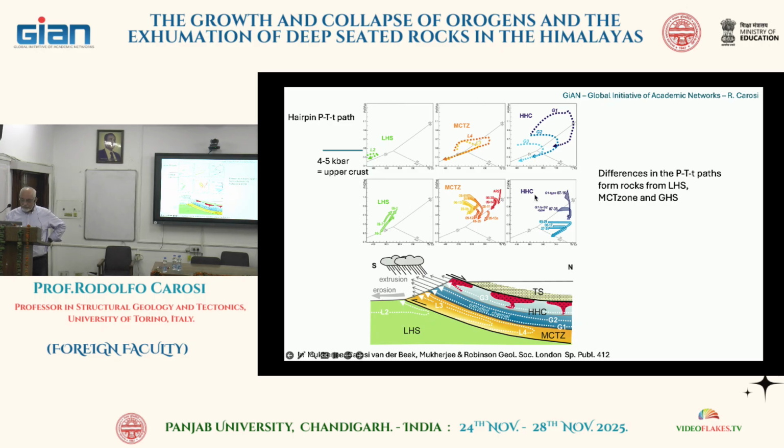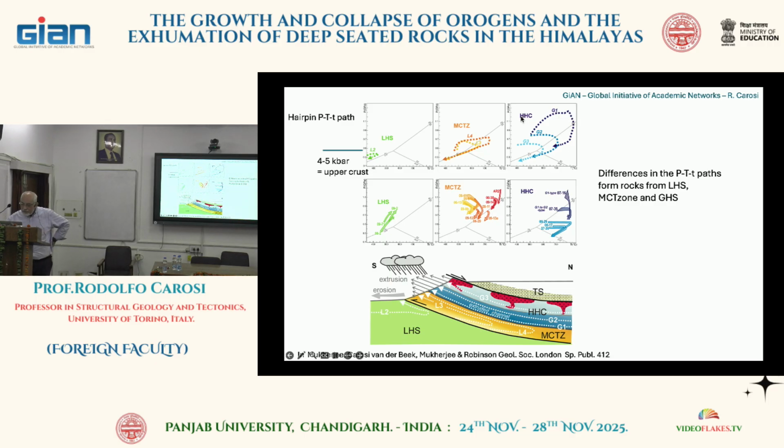In the Greater Himalayan sequence there is a PT path like this: increasing pressure and temperature, peak, then exhumation, decreasing pressure at more or less the same temperature, then decreasing both during the final stages of exhumation.